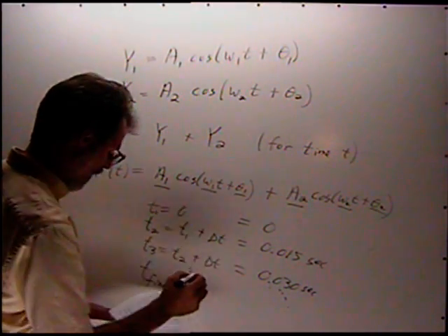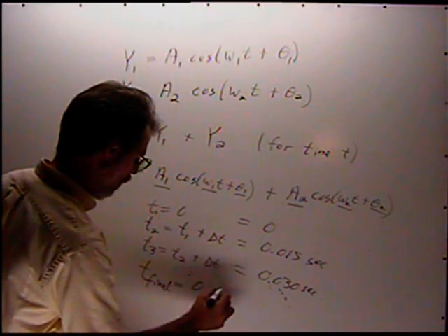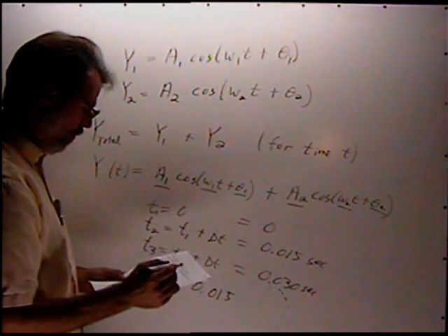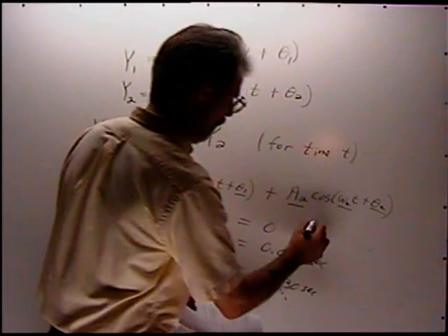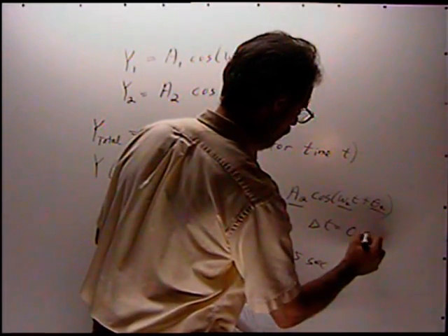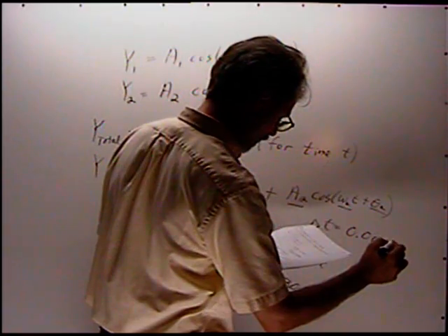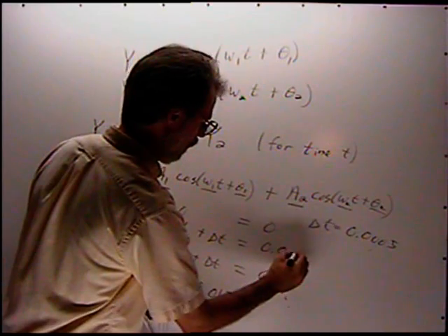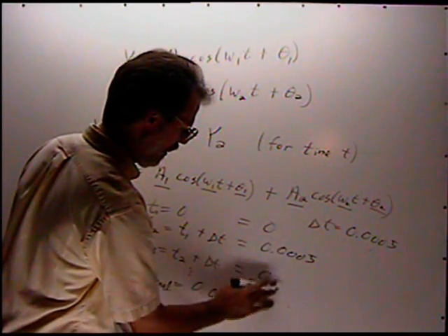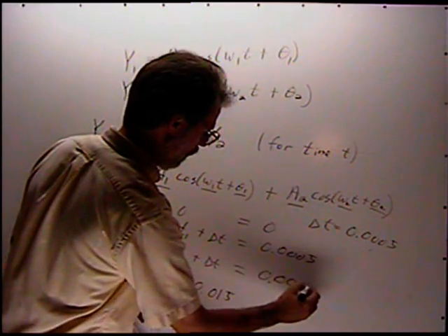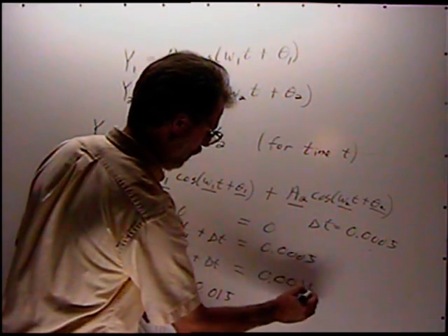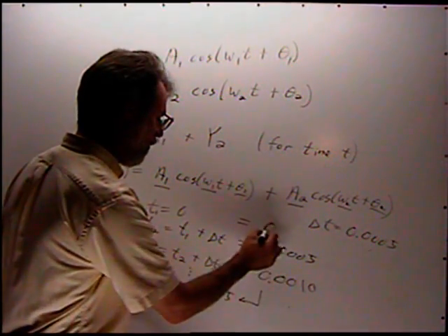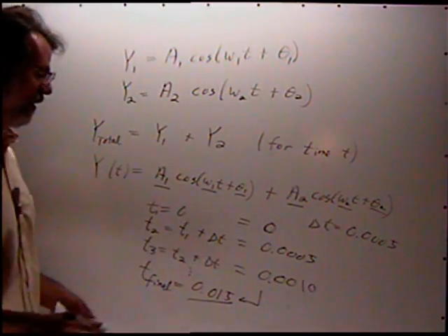Oops, I just did the wrong thing, I'm sorry. Delta t here is 0.0005 seconds. So the first time is 0, the next time is 0.0005, then 0.0010, and go all the way down until the last time, which will be 0.015 seconds.